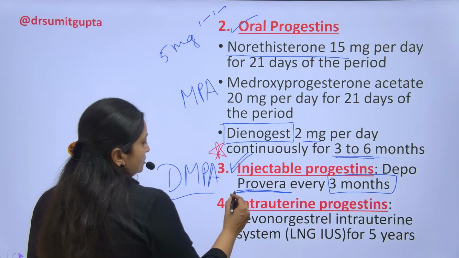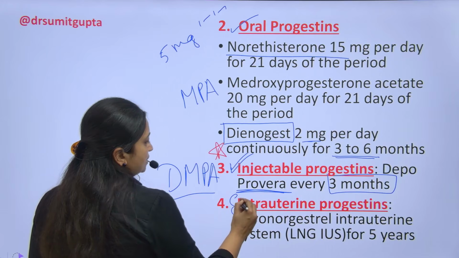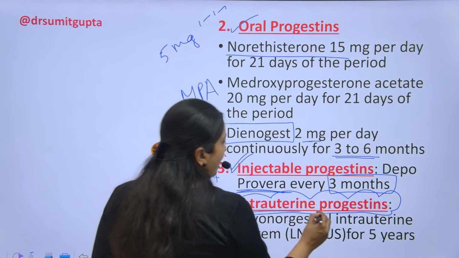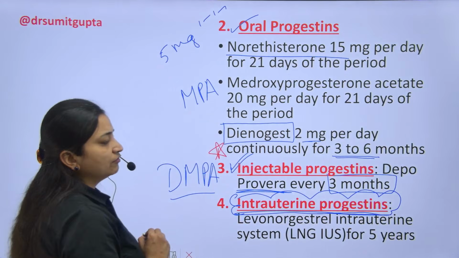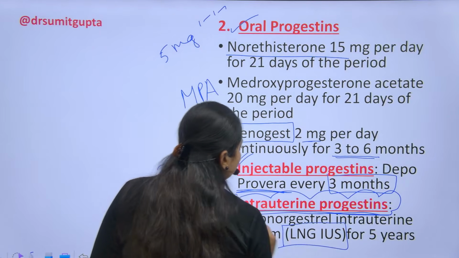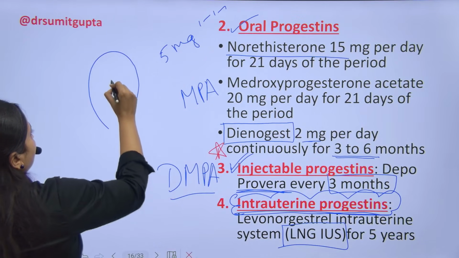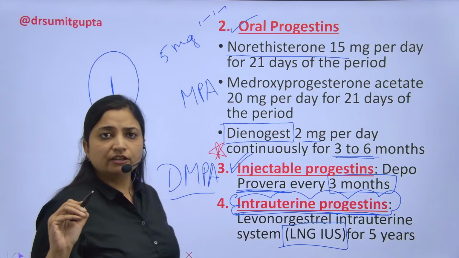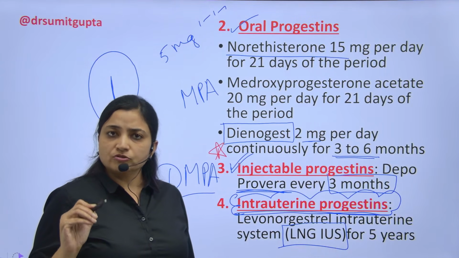Then comes intrauterine progesterone. This is something new in the market, but this is very, very highly acceptable and giving very, very good results. LNG-IUS, what is this? This is an intrauterine device fully loaded with levonorgestrel, a type of progesterone.